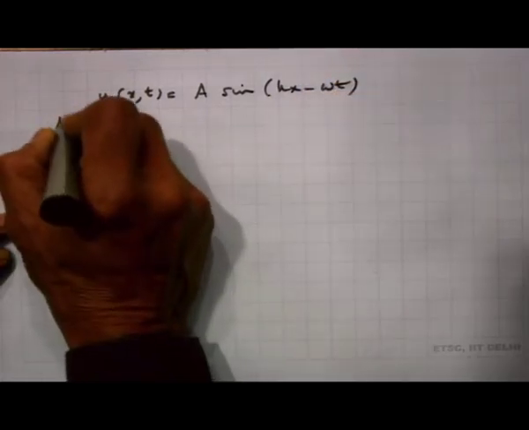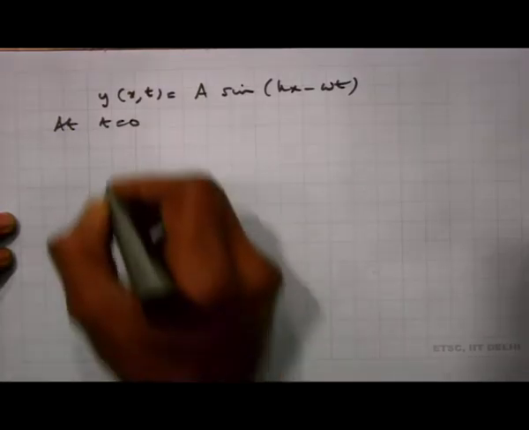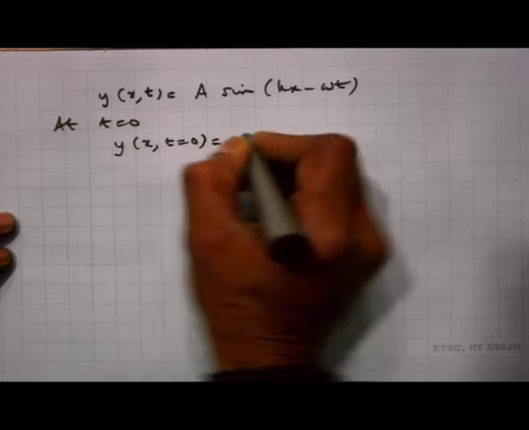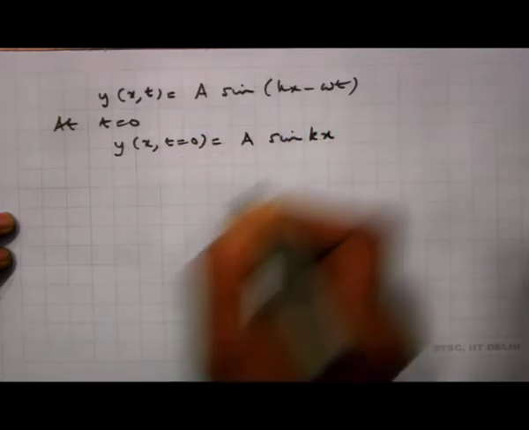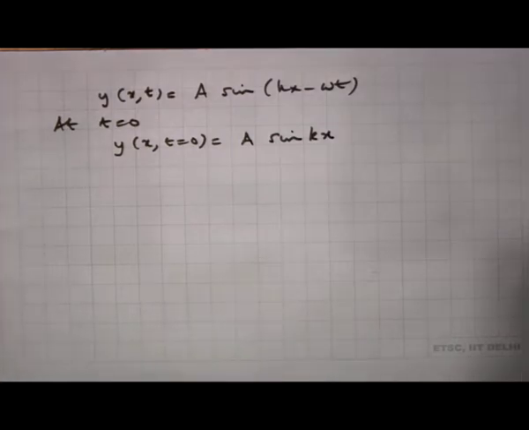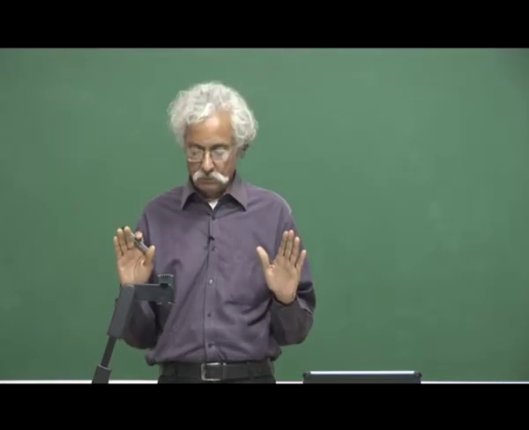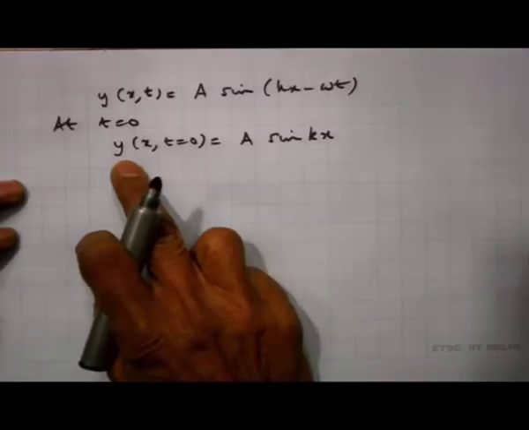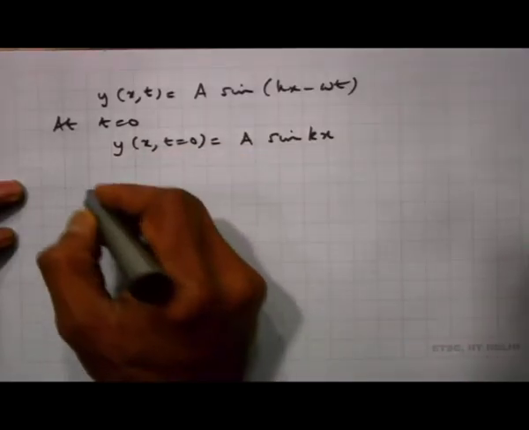So, at t equal to 0, some arbitrary time which I call t equal to 0, y(x) at t equal to 0 will be a sin kx. So, what I have done is I take a snapshot of the string at a time which I call t equal to 0, and that snapshot, the displacement of the string from the equilibrium position, is given by a sin kx.